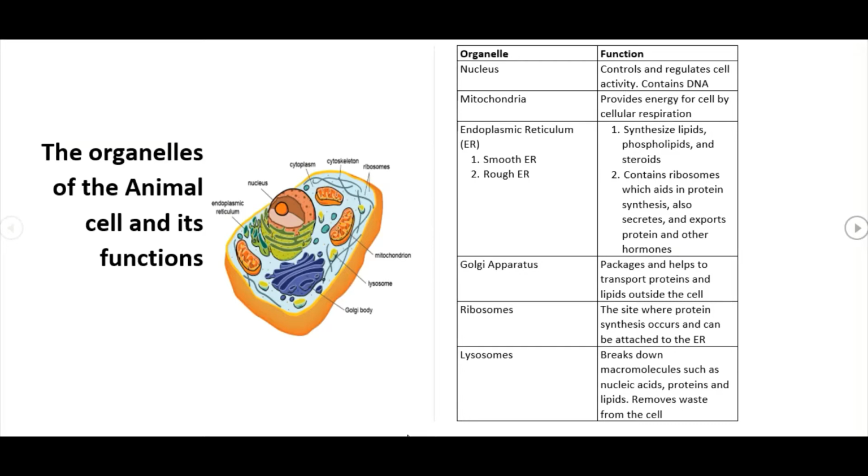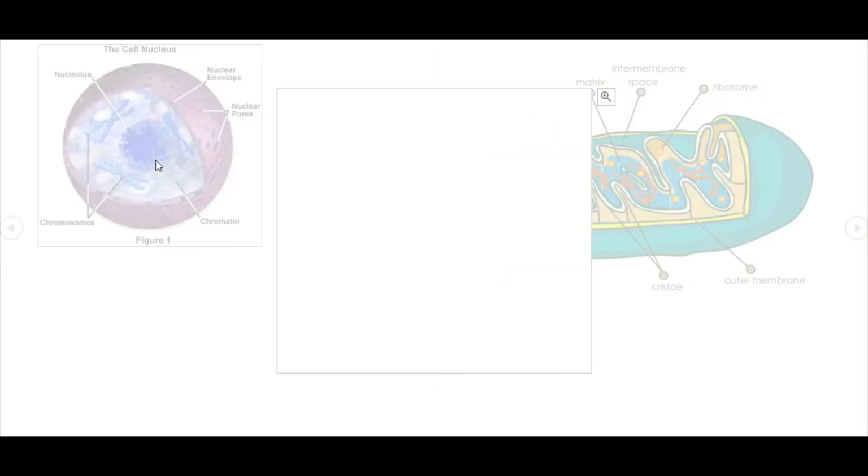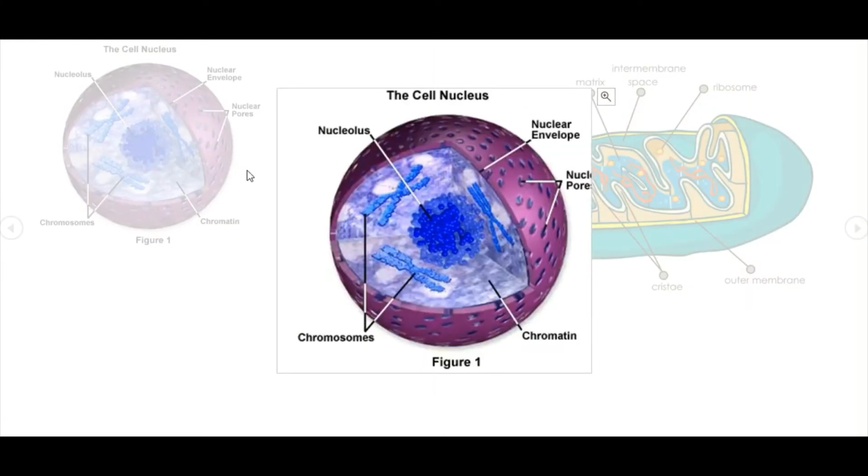Okay, so to get started, the first organelle that we will be looking at is the nucleus. The nucleus is one of the most important organelles of the cell, if not the most important. Let's say the cell is a factory.